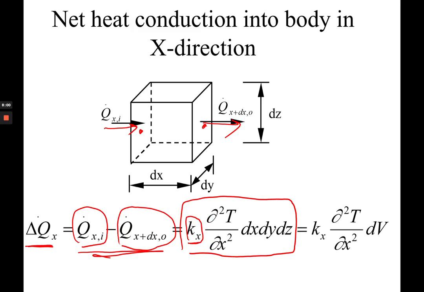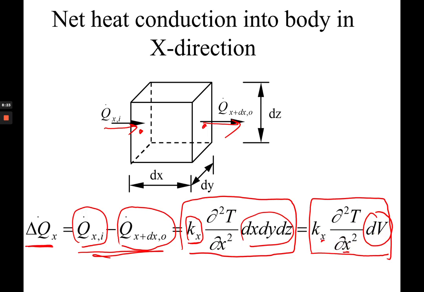That suggests using thermal conductivity in the x direction, multiplying together to give the volume of this little block. So that's the net heat going into the body in the x direction. In the y direction, we simply change x to y.